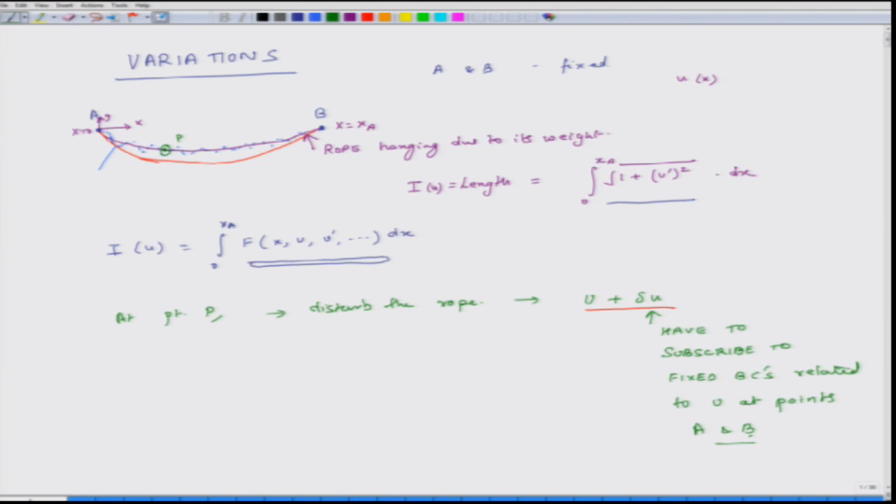This is important, that they have to subscribe to fixed. So, here the condition at A was u is 0, and at B also the value of u is 0.